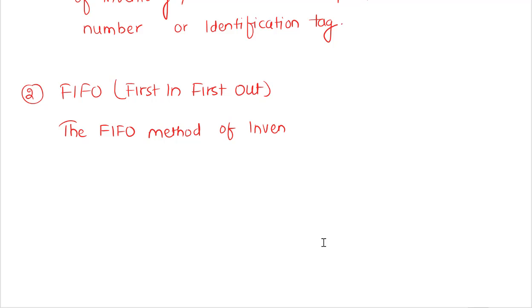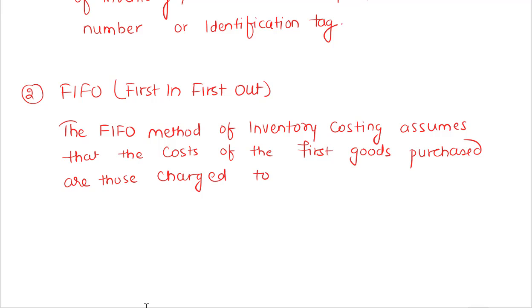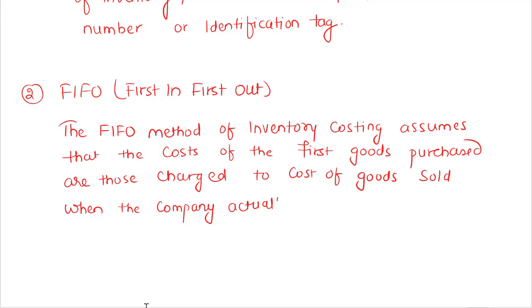The FIFO method of inventory costing assumes that the cost of the first goods purchased are charged to cost of goods sold when the company actually sells goods.